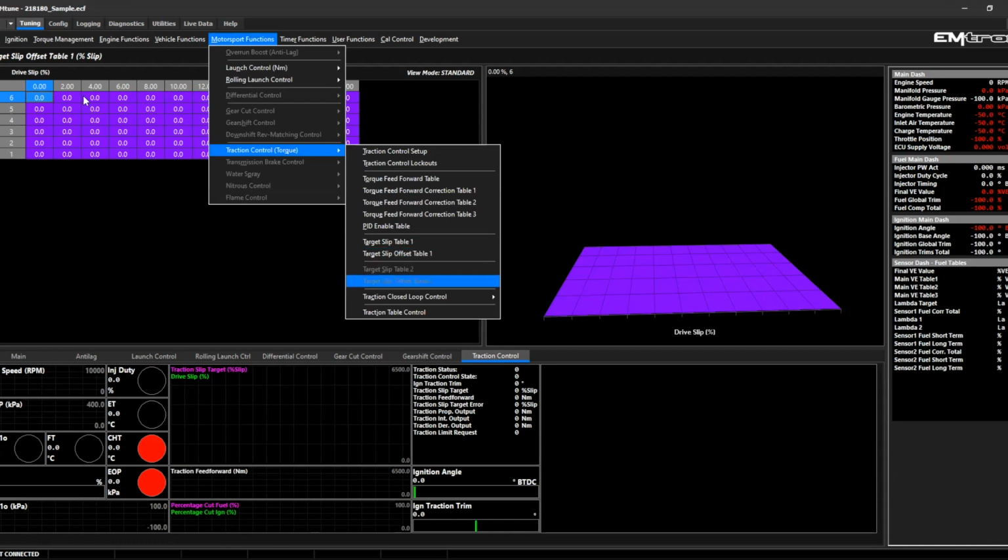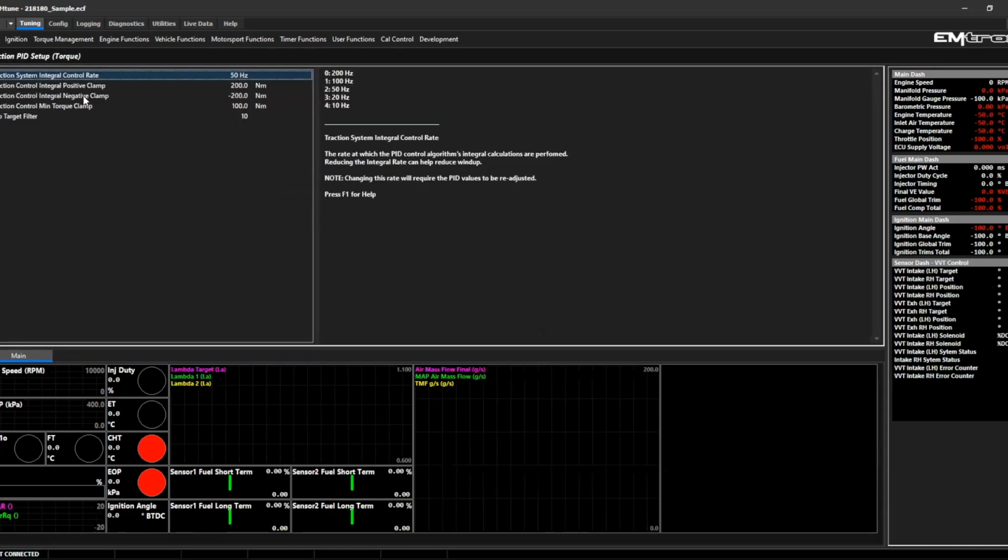So the PID is all pretty much the same as it was. We have an integral control rate setting in there. That's there basically to run a lot slower than the main system, which is very fast. The integral rate essentially allows you to reduce the wind up by slowing it.